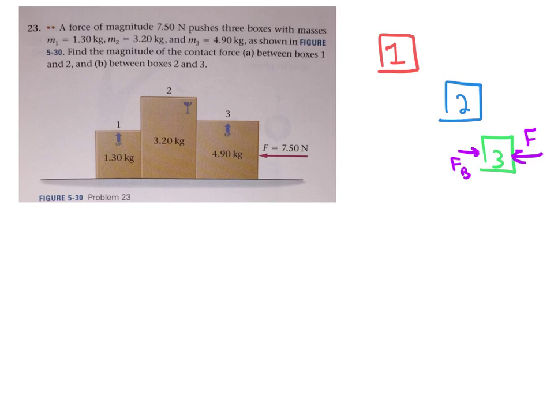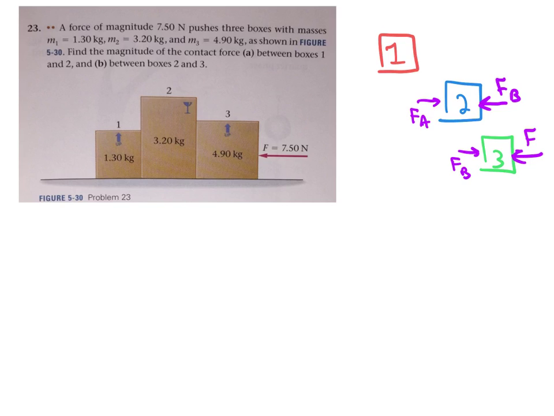It prevents interpenetration. The other way to prevent interpenetration is not just to slow down 3, but to move 2. And the way that happens is that by Newton's third law, 3 exerts a force on 2, which is equal in size, but opposite in direction. Of course, 2 can't go through 1, so 1 must be resisting. I'm going to call that FA, which is why the other was FB.